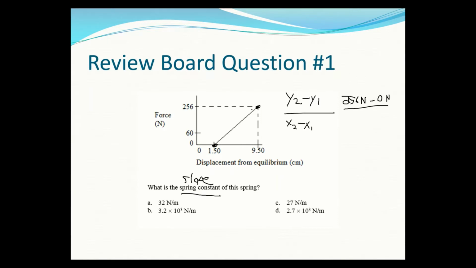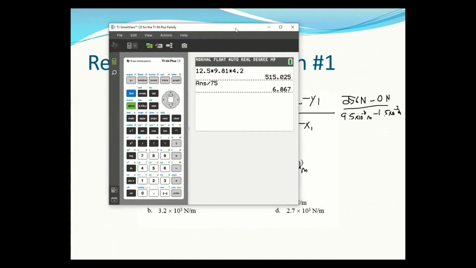Okay, and then our x2 is 9.5, but remember to look at the units, right? It's 9.5 centimeters. Centi is times 10 to the negative 2. So instead of saying centimeters, we can say times 10 to the negative 2 meters, right? So it's 9.5 times 10 to the negative 2 meters minus 1.5 times 10 to the negative 2 meters. If you forget that times 10 to the negative 2, you're going to get it wrong, which is annoying because you know how to do it.